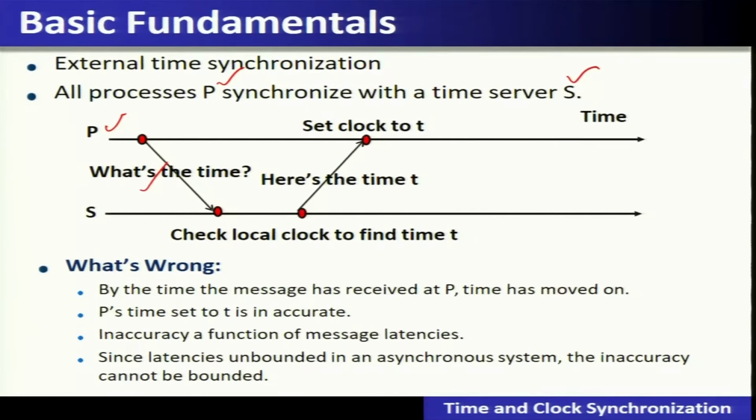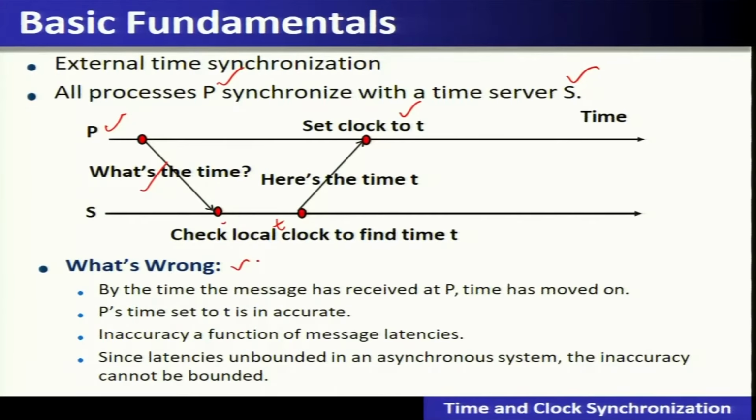The server, after receiving this message, checks the local clock to find the time t and sends its time t back by a message, and when the message is received the process P will set its time to t. This way the process P has synchronized its clock with the external clock.